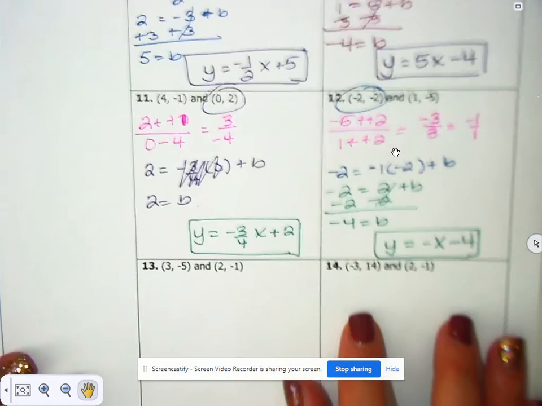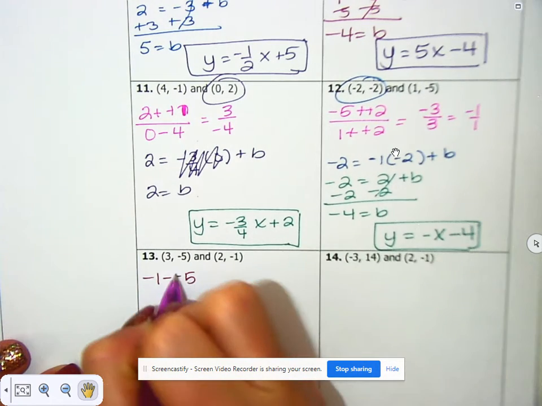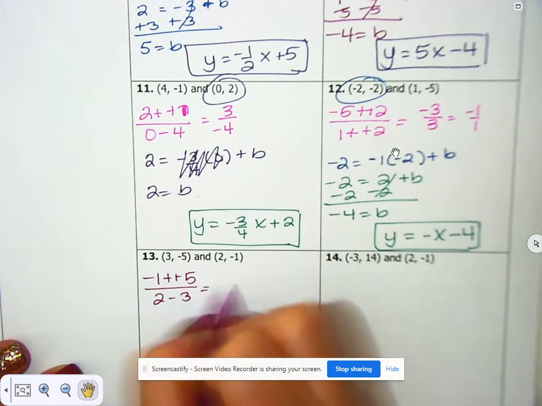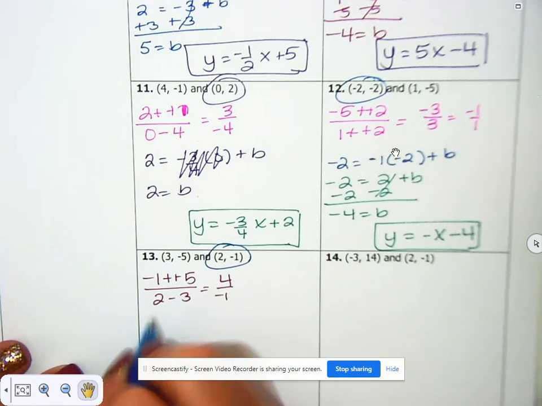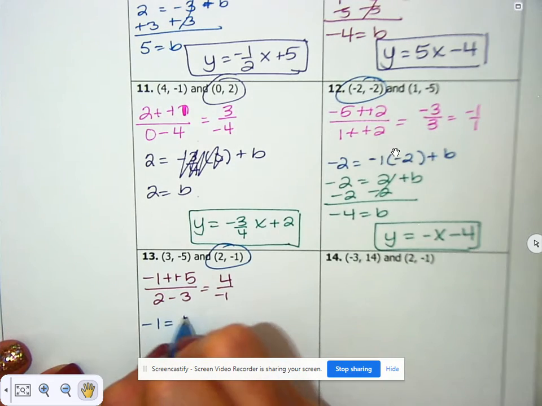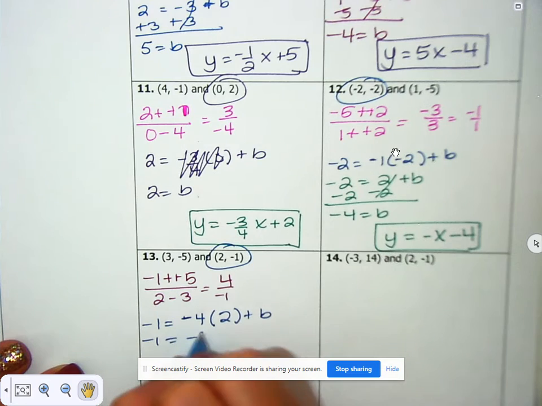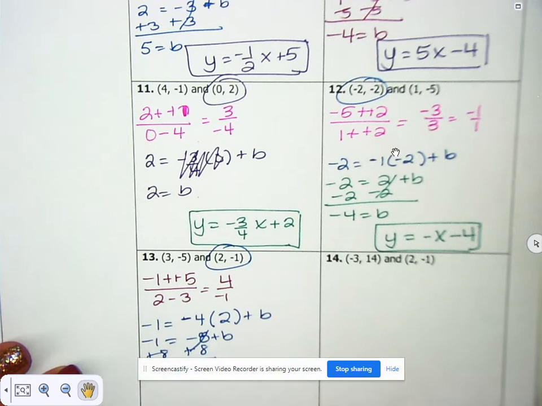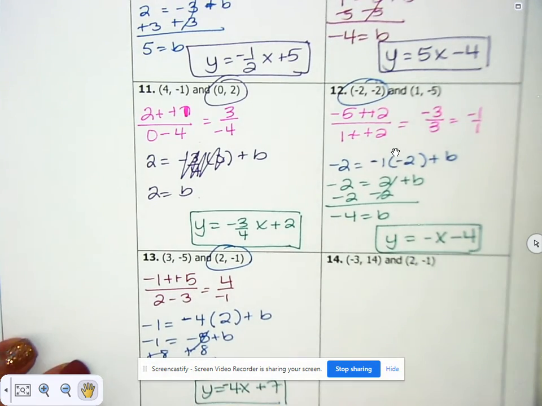Okay, and the last 2 down here. Okay, make sure that is a negative 4x on your slope there.